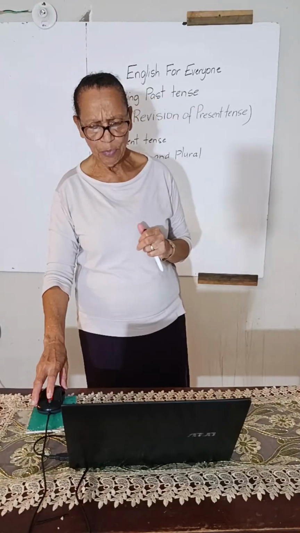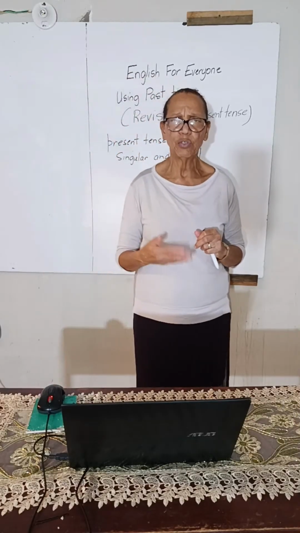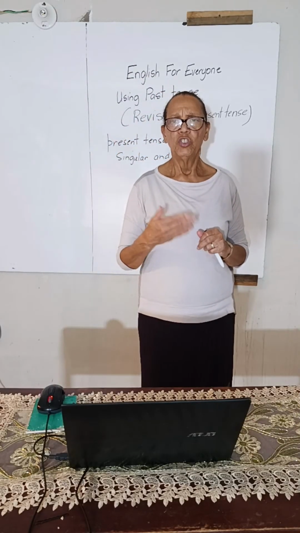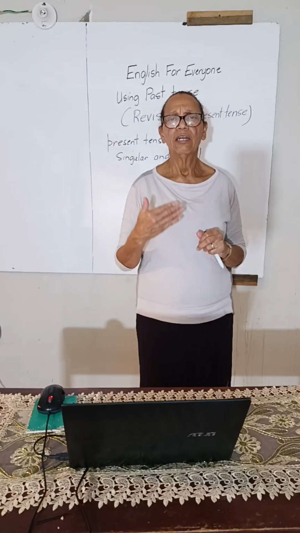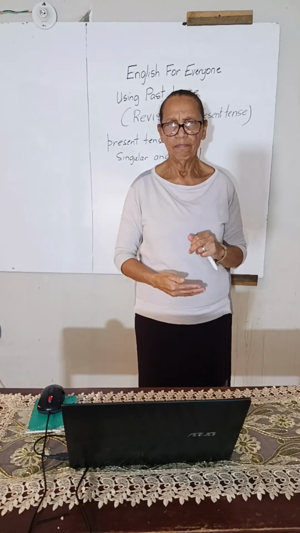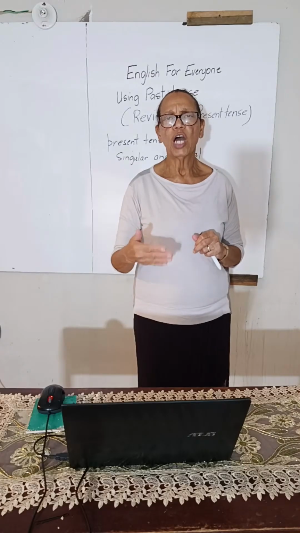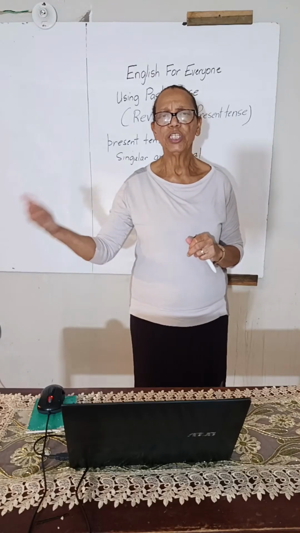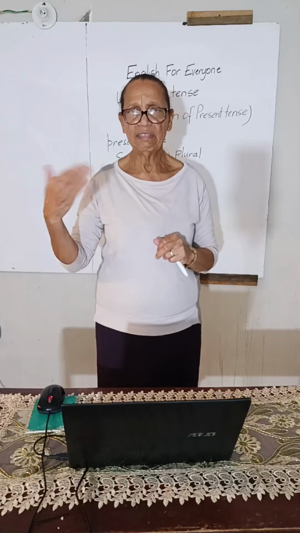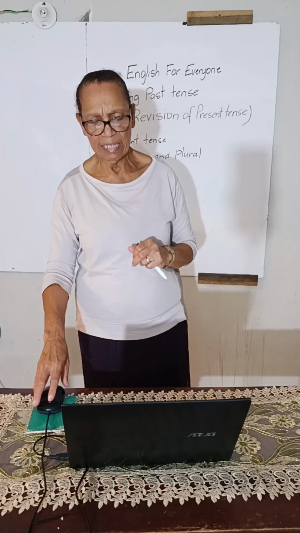Another time when we use the present tense is for a permanent situation. John lives in Jamaica. Mary and John live in Montego Bay. Remember the singular and the plural present tense.